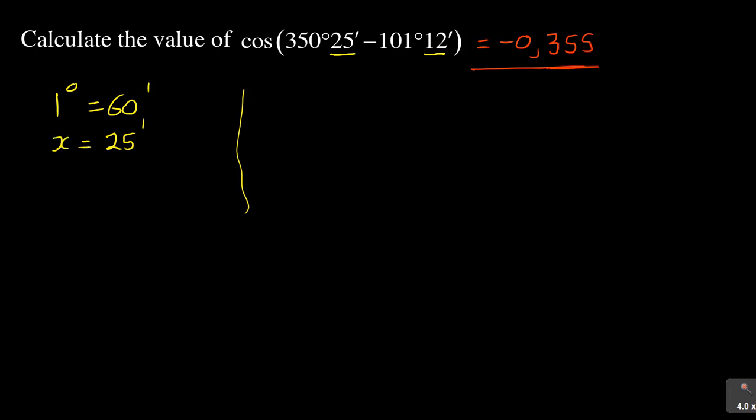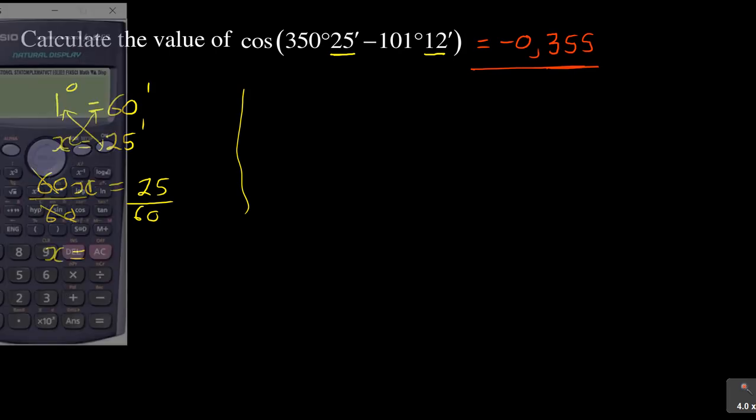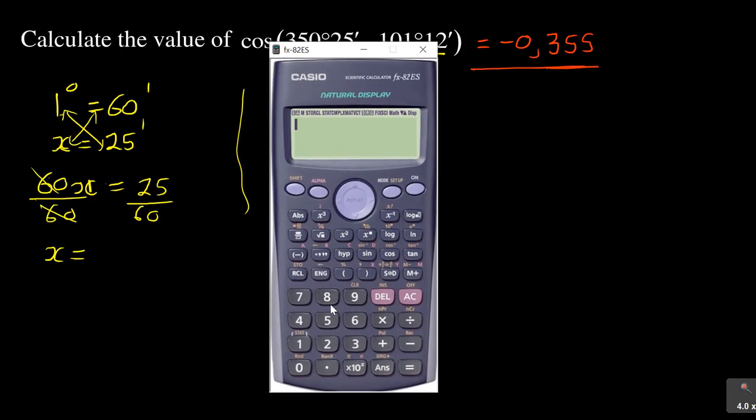So you have to convert these 25 minutes into degrees, you cross multiply like that, so that you are going to have x times 60, which is 60x is equal to 25. Then to solve for x, you divide by 60, such that now your x is equal to 25 divided by 60.